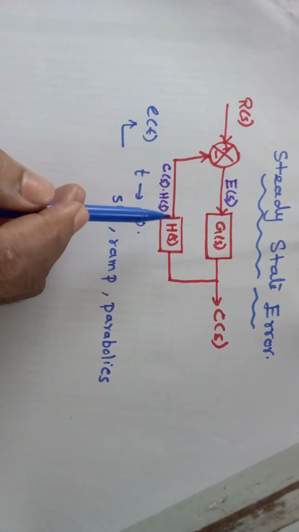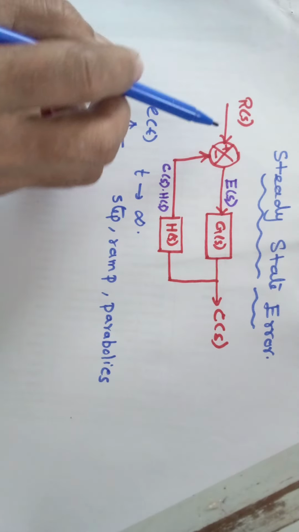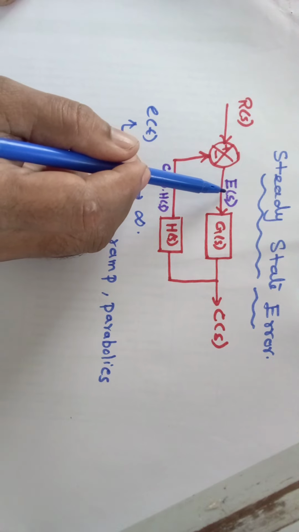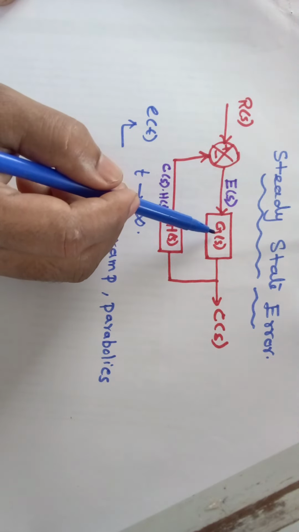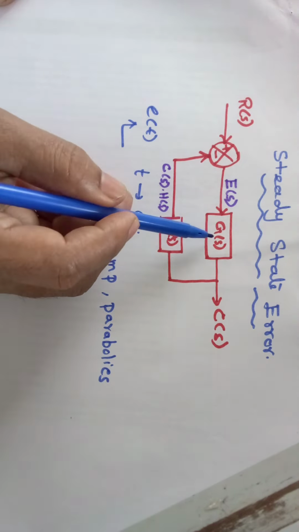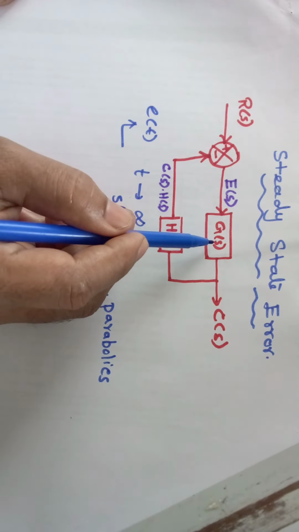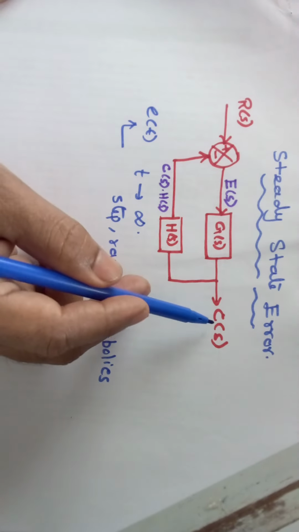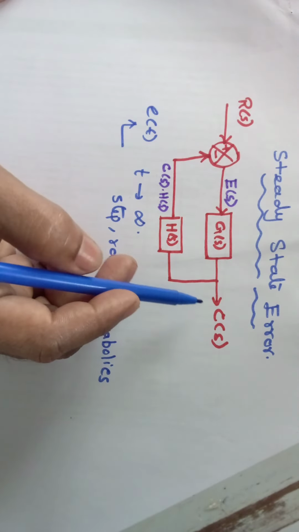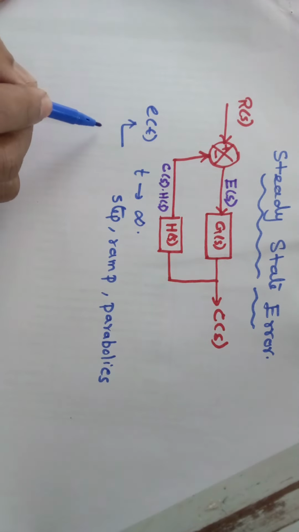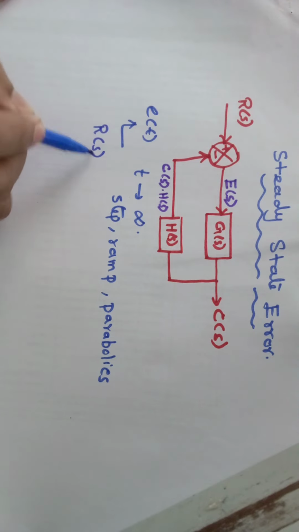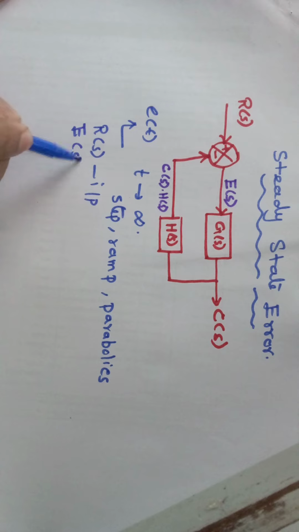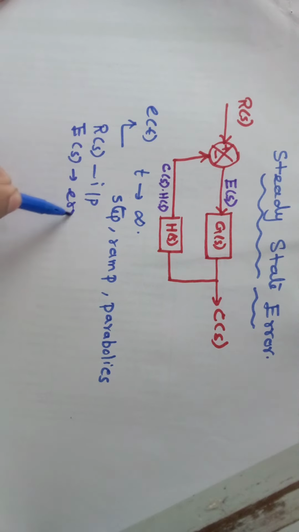Here R(s) is the input and E(s) represents your error signal. G(s) is the open loop transfer function that you already know, and H(s) is the feedback transfer function, and C(s) represents your final output.